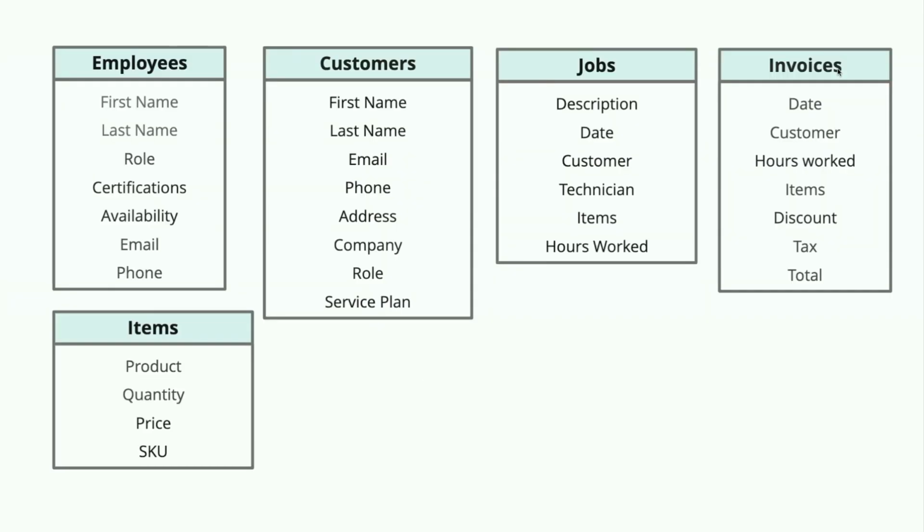When we add these fields to these forms, this is the kind of information that we would be collecting. So for employees, we want to know their first and last name, their role, certifications, availability, email, phone. For items, product, quantity, price, SKU, there's any number of things that we might want to be able to track here. And again, this isn't exhaustive, but this would be the beginning of this kind of application for these processes.